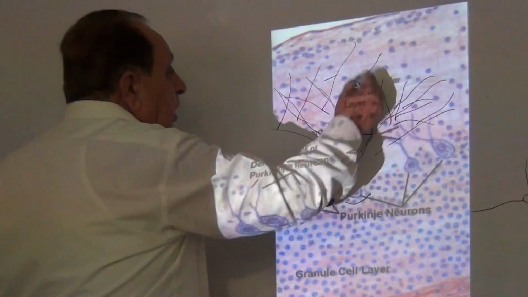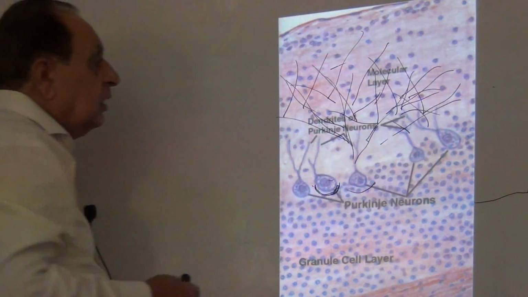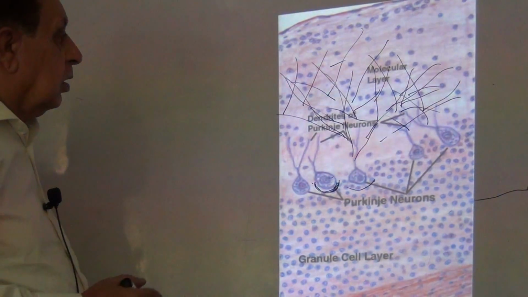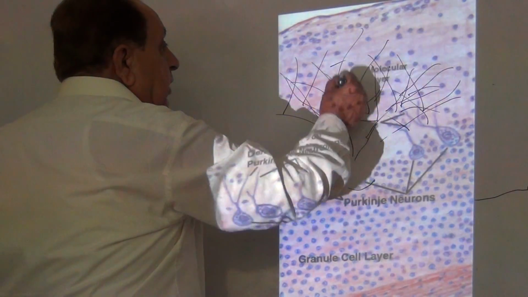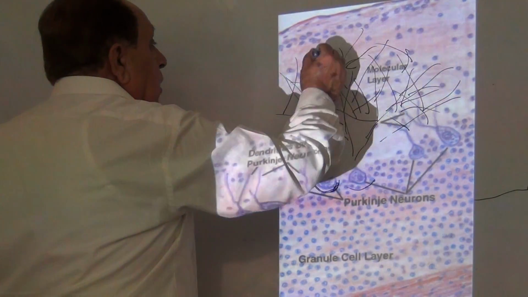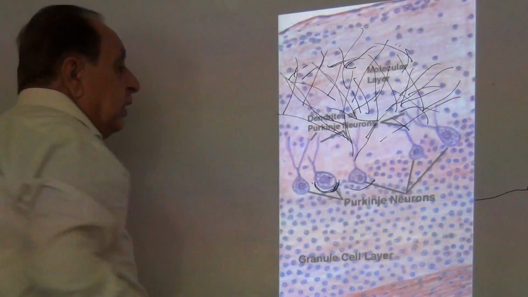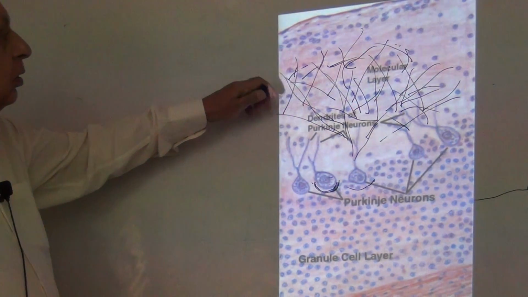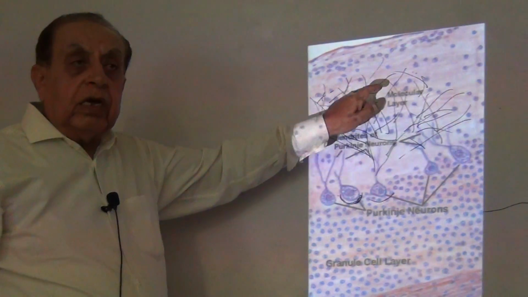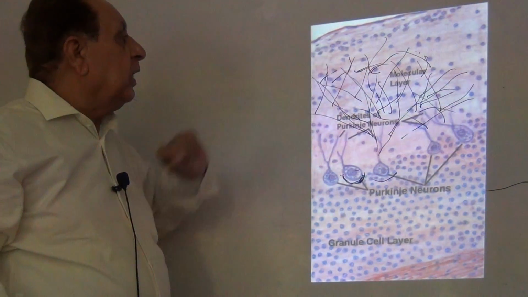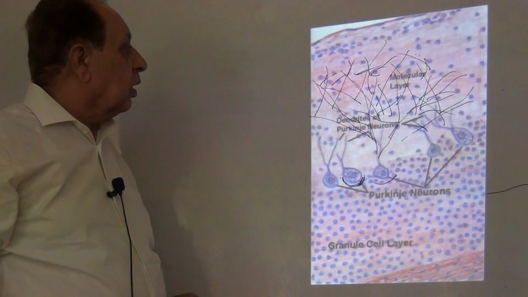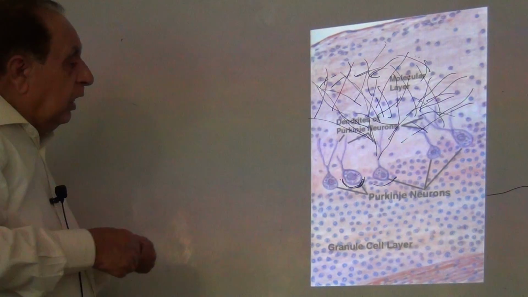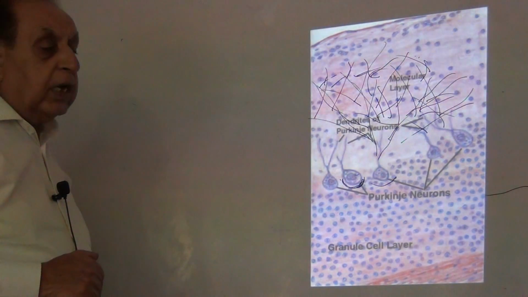So these are the dendrites of the Purkinje cell, like a Chinese fan. And these dendrites synapse with the axon. So the dendrites and the axon are present in this molecular layer, which is also called the synaptic layer. So these were the three layers of the cerebellar cortex.